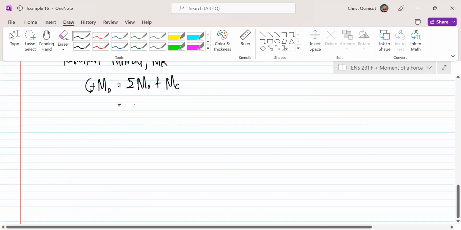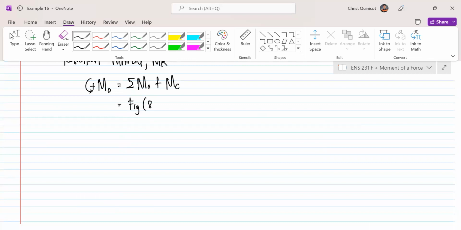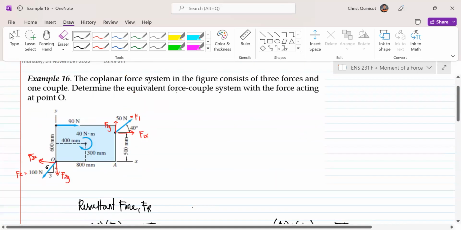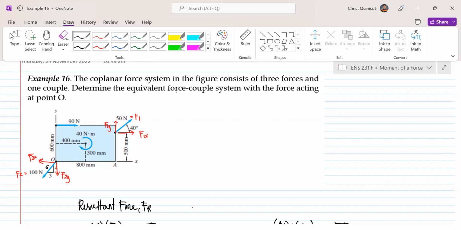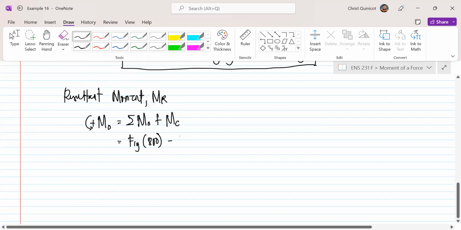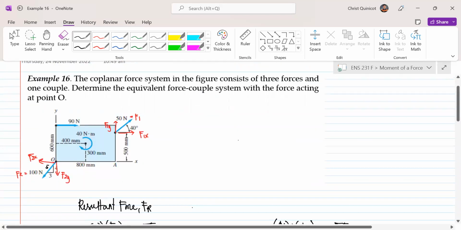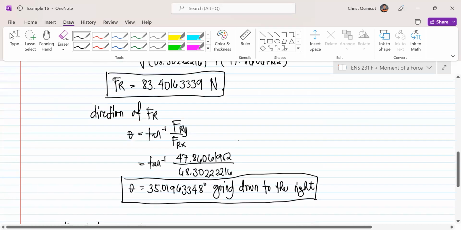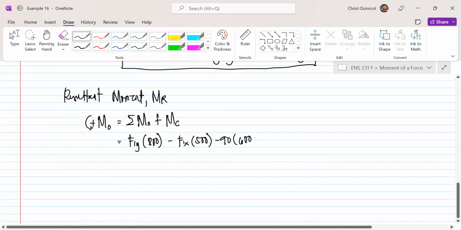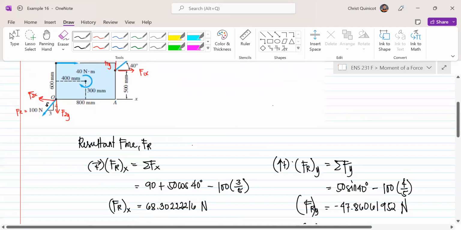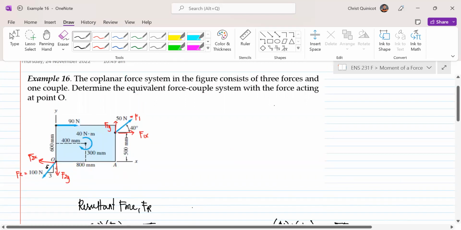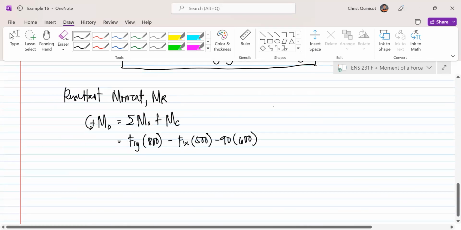So that is F sub 1y times 800, and then minus F sub 1x times 500 mm, because F sub 1x follows a clockwise moment, and then minus our 90 times its perpendicular distance of 600 mm, and of course our couple moment, which is 40 Newton meter, clockwise, so minus 40.